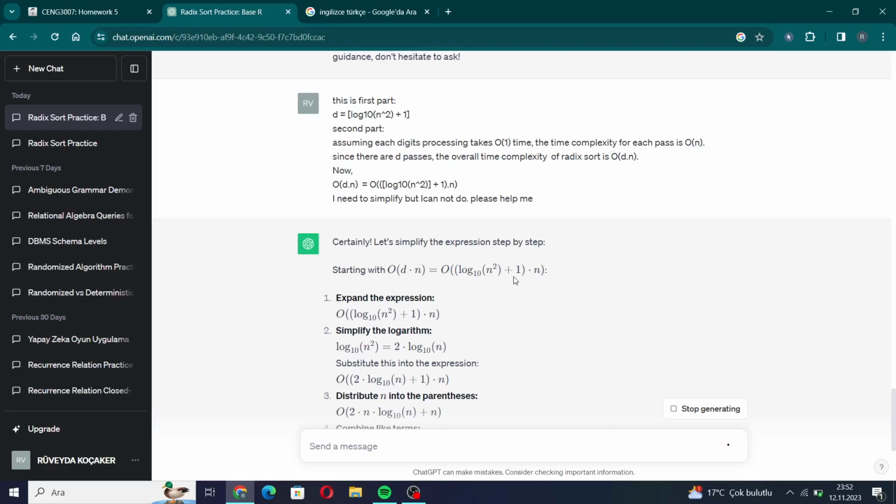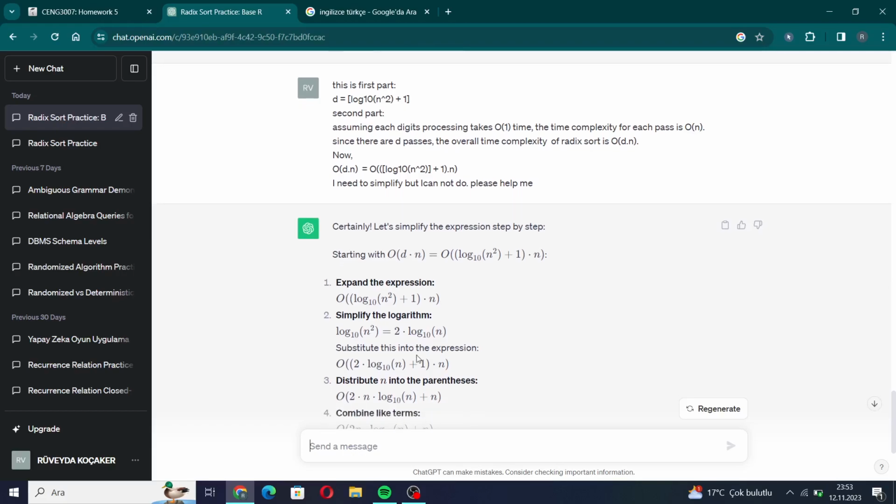Okay, so n square equals... 2 log n. Okay, substitute this into this expression.